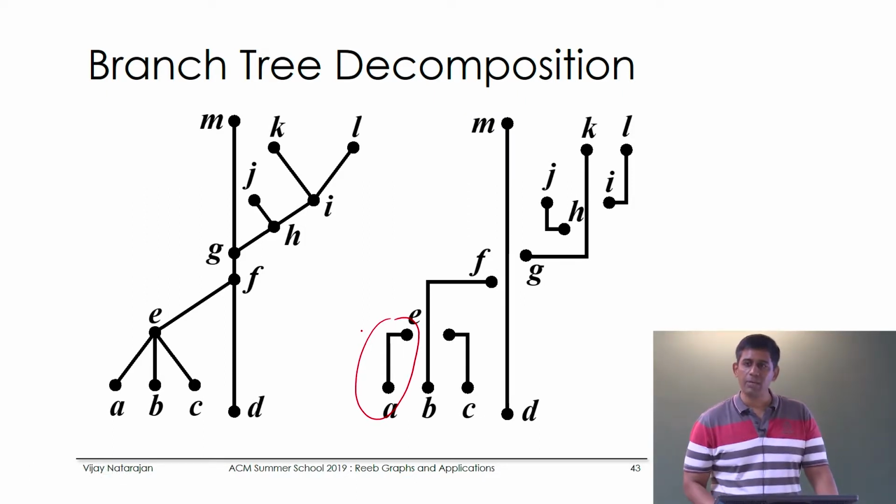So AE was the leaf that was removed together with the AE edge, right, in order to give you a smaller tree, right, and then you iteratively removed the leaves. So this branch, AE branch, connects itself to a parent which is given by BF, right, which itself is connected to a parent which happens to be DM, and so on, right.